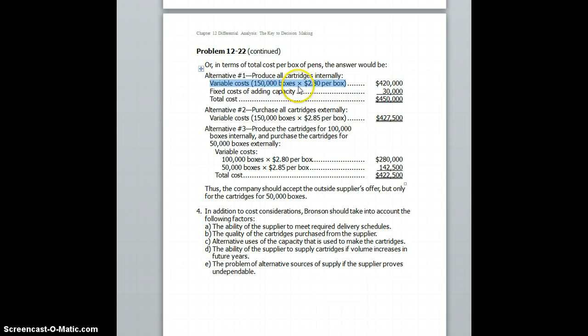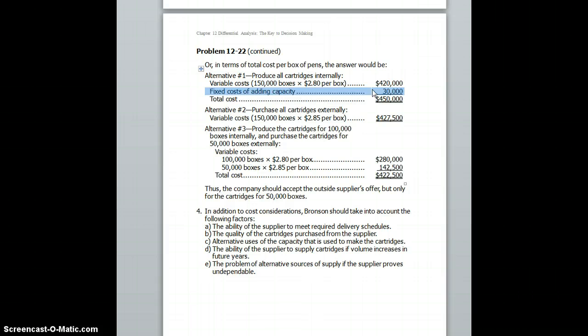We need 150,000 boxes. That's $420,000. We also need to add an additional $30,000 of fixed cost to build up our capacity to produce these 150,000 boxes. Therefore, the total cost to produce all cartridges internally is $450,000.